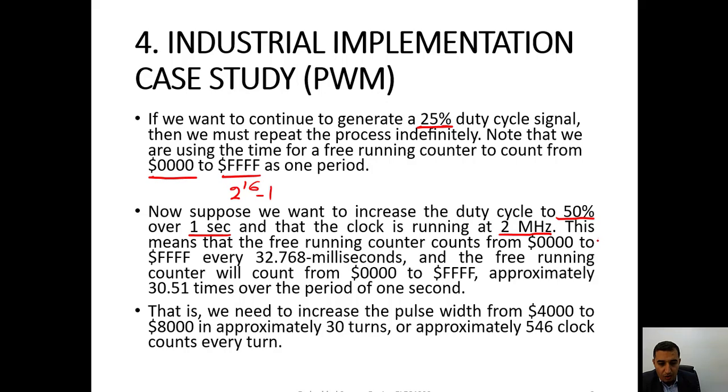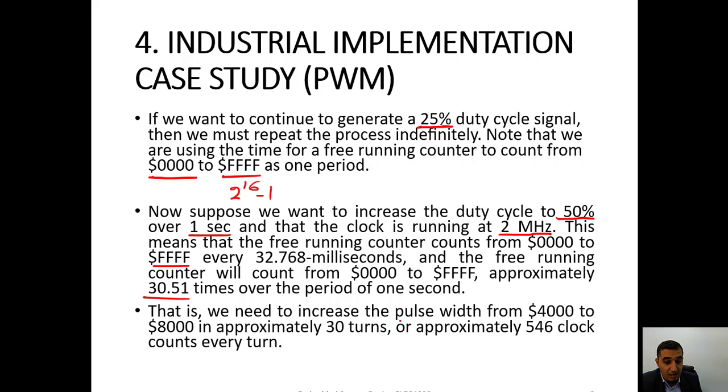This means that the free running counter counts from 000 to FFFF every 32.758 milliseconds, and it will count from 000 to FFFF approximately 30.51 times.